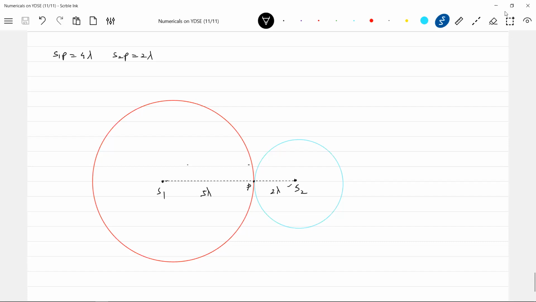What is the question? As you move in the circular path, how many maximas are you going to measure in both the distances? First, you move in the blue color circular path, then the red color circular path.